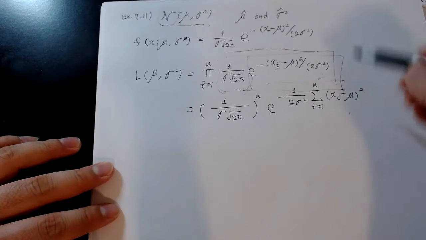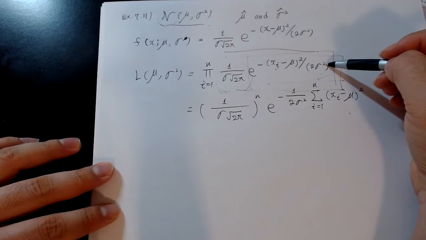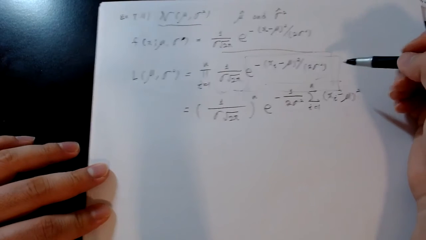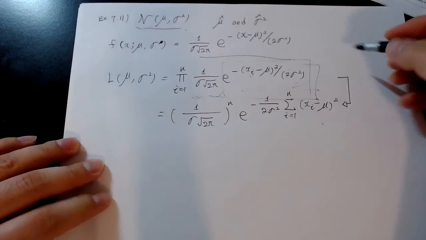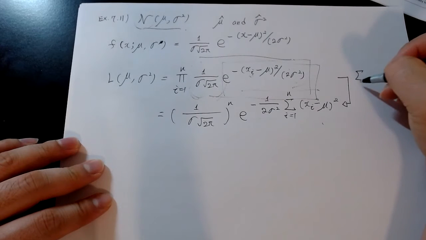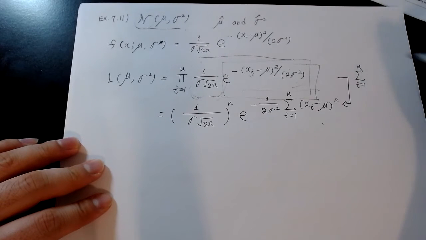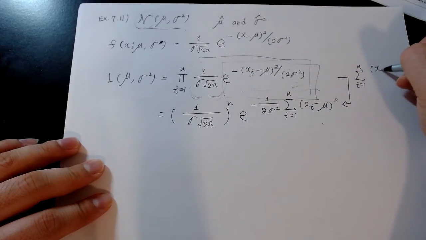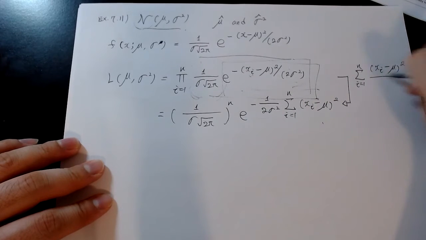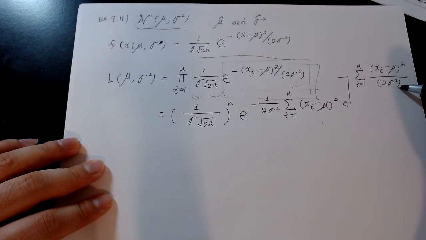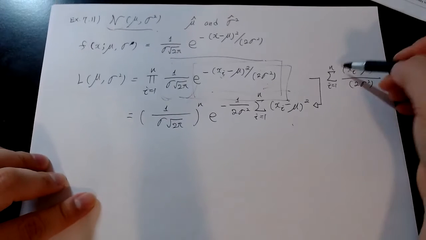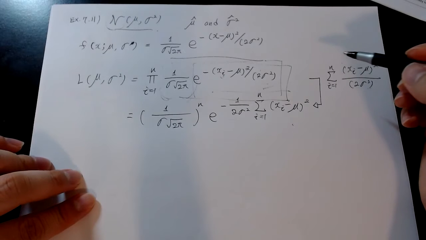By the way, think about the exponent in the exponential term. We have the sum for i goes 1 through n of (xi minus mu) squared over 2 sigma square. Now 1 over 2 sigma square is a constant, so we can bring it out.